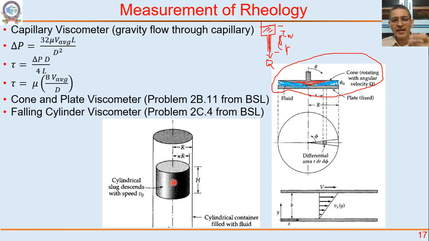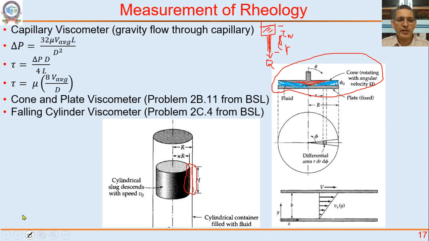The cylinder will descend at the terminal settling velocity, and if you do that, this is like a Couette flow. I have one wall which is moving downwards, and I have a stationary wall. Couette flow.